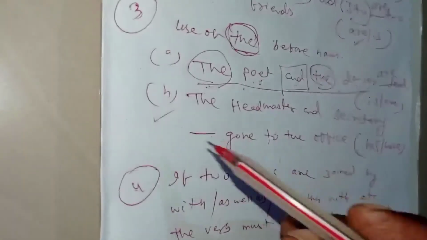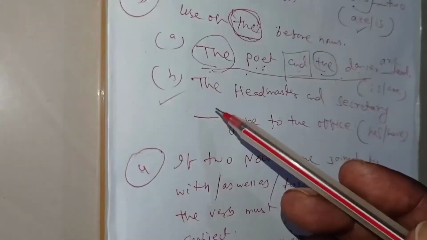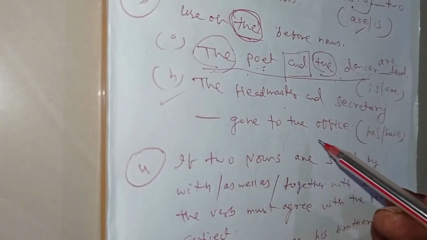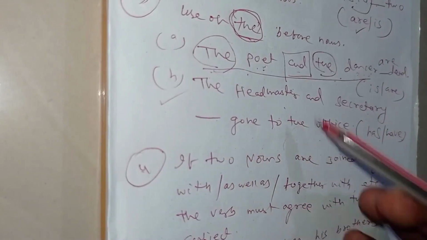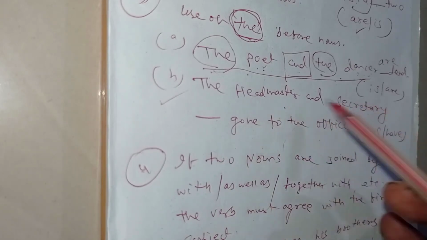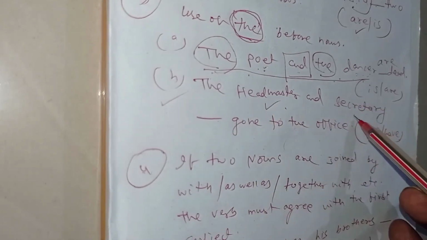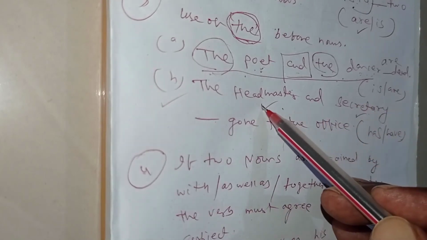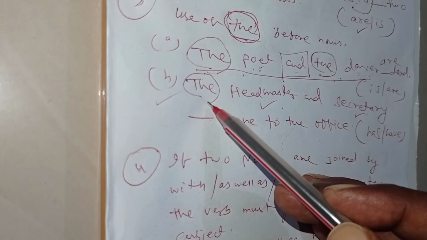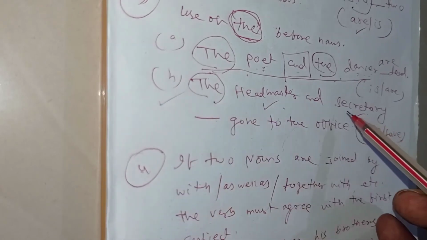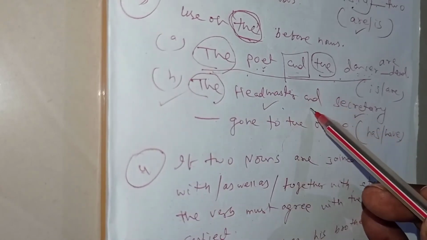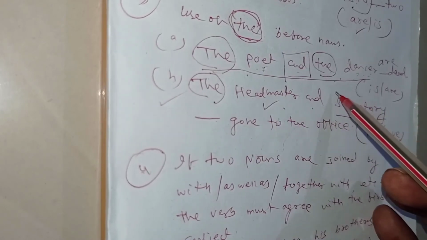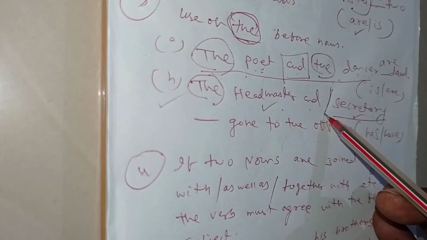But in the second sentence, in number B, the headmaster and secretary dash gone to the office. Here also there are two nouns, headmaster and secretary. But before the word headmaster there is the article the, and after the conjunction and, before the word secretary there is not any article the.